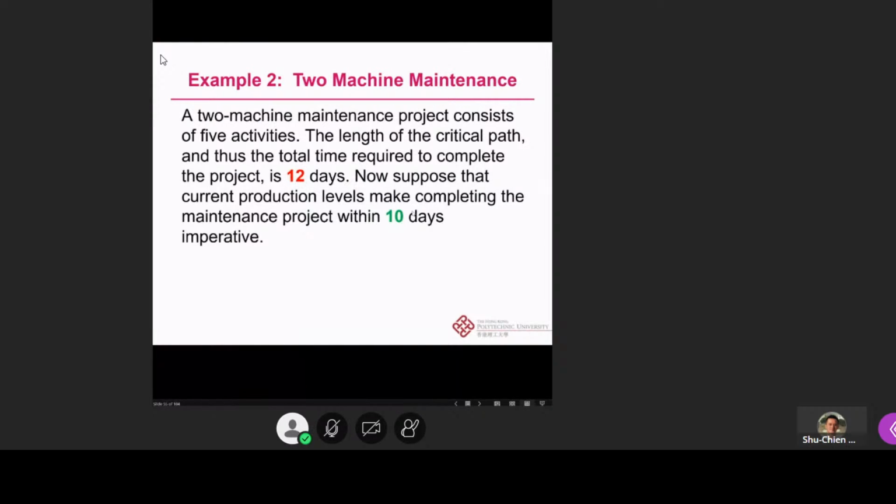So then we move to the next example, the two machine maintenance. A two machine maintenance project consists of 5 activities. This is actually simpler. The length of the critical path, in terms of the total time required to complete the project, is 12 days. Now suppose that the current production levels make completing the maintenance project within 10 days imperative.